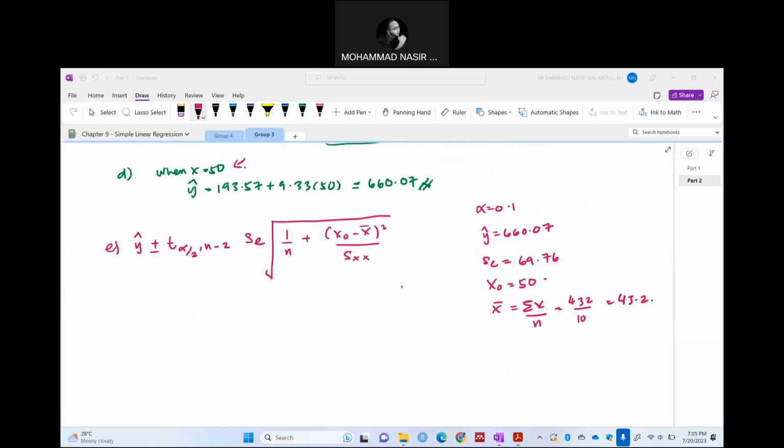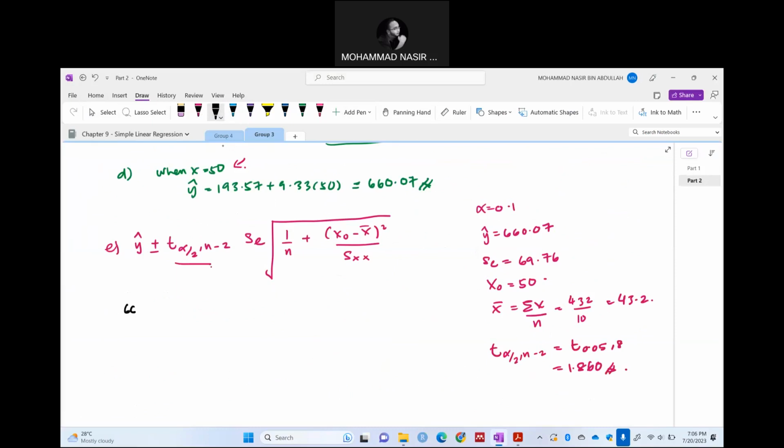But this one, t alpha divided by 2, n minus 2, which is equal to t 0.05. Right? So 0.1 divided by 2, n minus 2 is equal to 8. So this one should be equal to 1.860. So once you already have the information, plug into the formula.